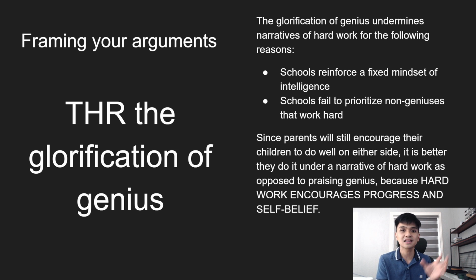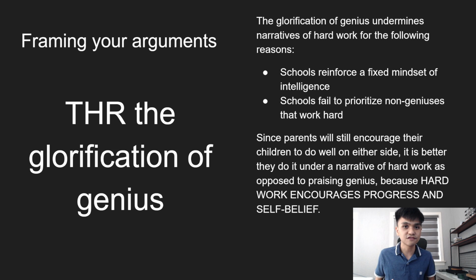But both of those debates miss the point of what we are doing in this argument. They miss the point that parents are well-intentioned on either side, and schools may be well-intentioned on either side. Schools can be well-intentioned if they're segmenting difficulty, right? They could also be well-intentioned if they are helping students with hard work and all of that. So the debate is not on whether schools are good or bad or whether parents are good or bad, but whether a narrative of hard work, as opposed to praising genius, promotes this type of progress and self-belief more.